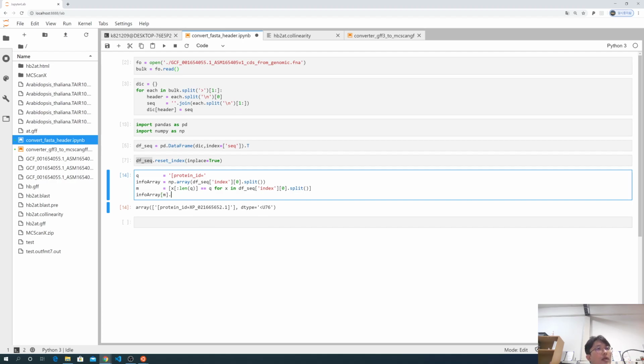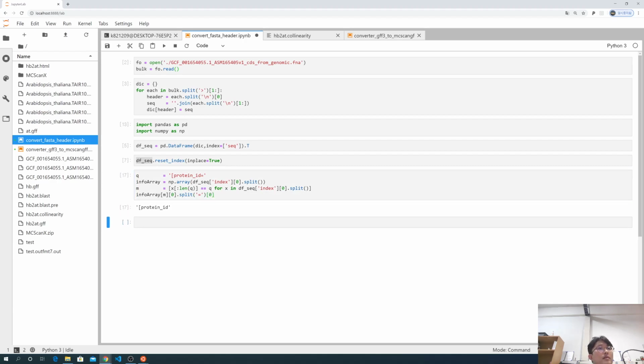Important. And maybe I will put 0 there and split, and maybe I can strip this one and strip.